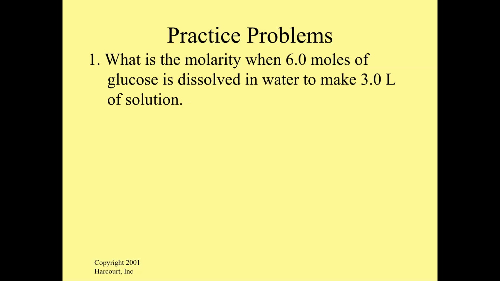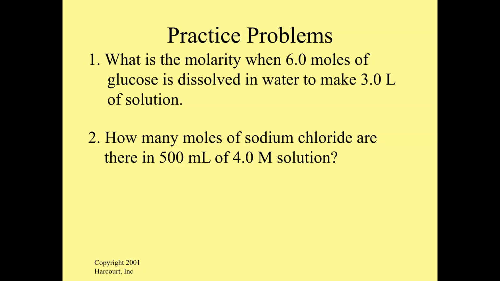So here are some practice problems. If you were given this one, you would take 6 moles and divide by 3 liters, and you'd get 2 molar. 2 capital M is your answer. This one is in milliliters, so you'd have to change that to liters, which would be 0.5 liters.